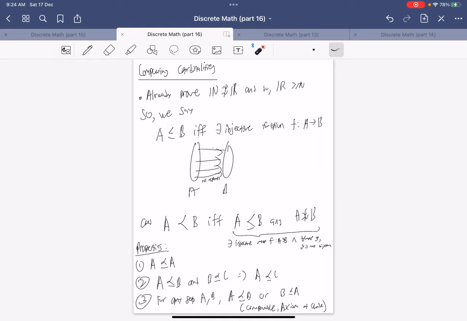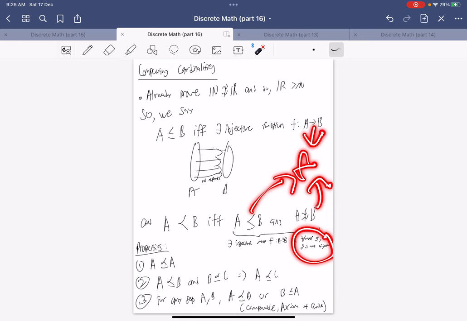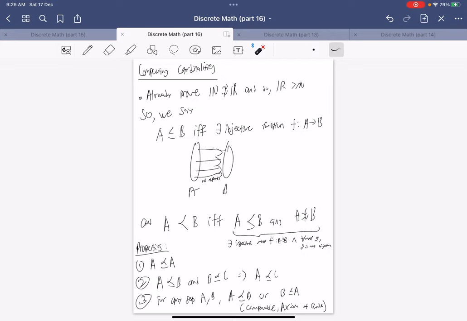Well, if you want to say that A is less than B, it means that there exists an injective function from A to B, and it's strictly less than if A is less than B and A is not equinumerous to B. So you do know that A being less than B means there exists an injective map f, and then maybe you want to prove this is not surjective, but that is not good enough because you want to prove that all maps are not bijective, meaning even if you prove f is not surjective, it does not prove that there does not exist a bijective map.